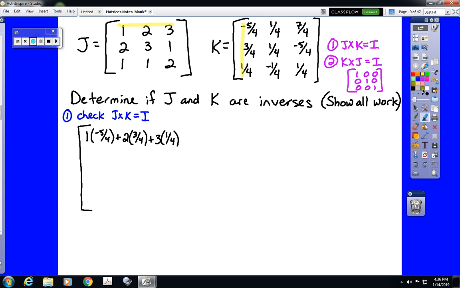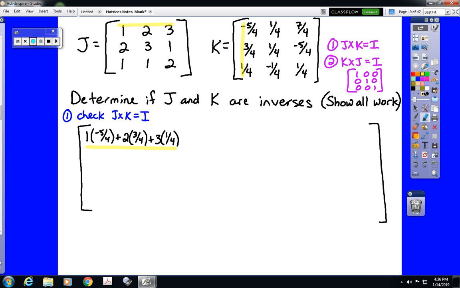So that's my top left entry, and that has to equal 1. So let's look at that. That's negative 5/4 plus 6/4, which would be 1/4, plus 3/4 would be 4/4. So that would equal 1. So we are in good shape there.